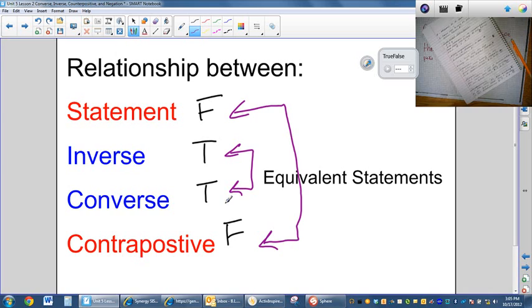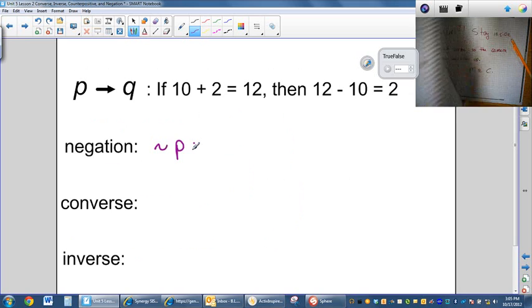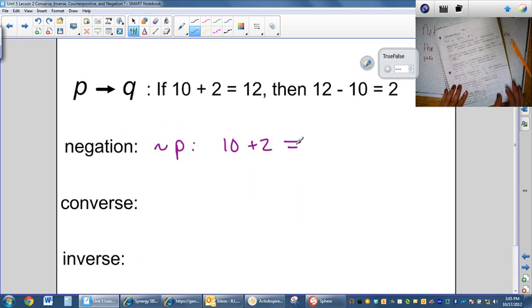One thing I would like to show you, looking at this problem right here, we have if P then Q. So if 10 plus 2 equals 12, then 12 minus 10 equals 2. If you were to negate P, you would write 10 plus 2 does not equal 12.